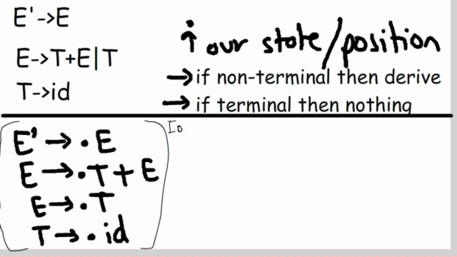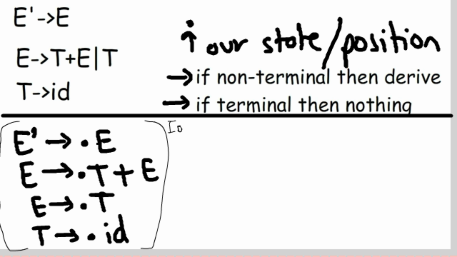Okay, now this dot will go here. So this dot is showing us the state or the position of the parser.